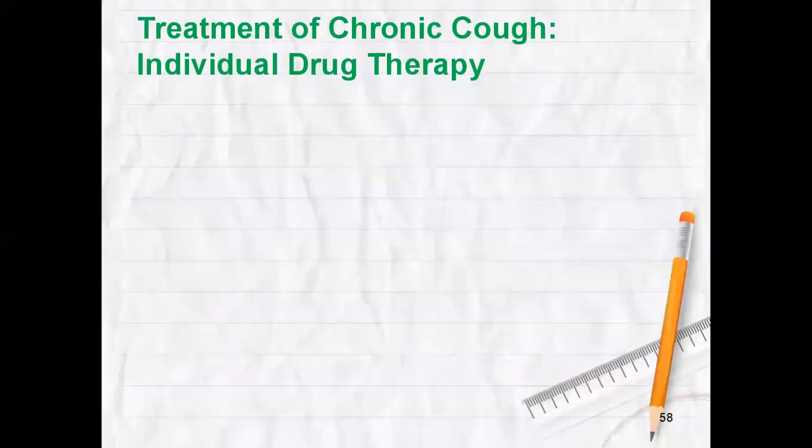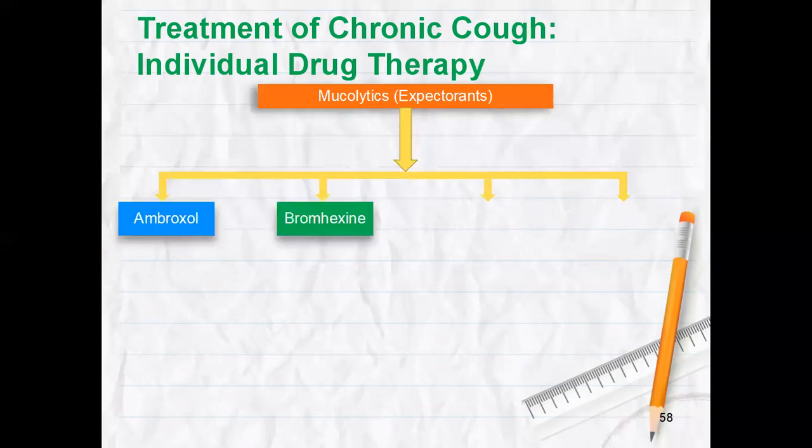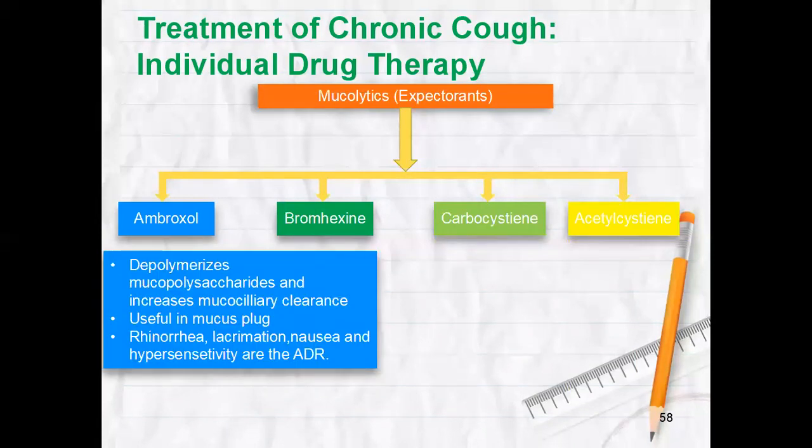Now talking about the last group of drugs, that is mucolytics. Mucolytics include the drugs ambroxol, bromhexine, carbocisteine, and acetylcysteine. Ambroxol and bromhexine act by depolymerizing the mucopolysaccharides present in the mucus or in the sputum, and they also act by increasing the mucociliary clearance, thus helping to expectorate or take out the secretions of the respiratory tract.